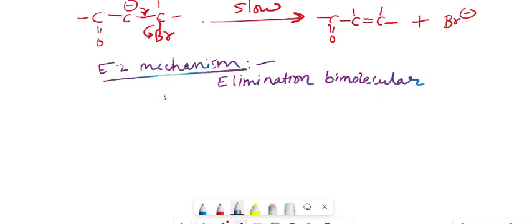It is also called 1,2 elimination because the removal of halogen and hydrogen takes place from the neighboring carbon atoms, which are numbered as 1 and 2. This is the 1 and this is the 2 carbon. This is 1,2 elimination.